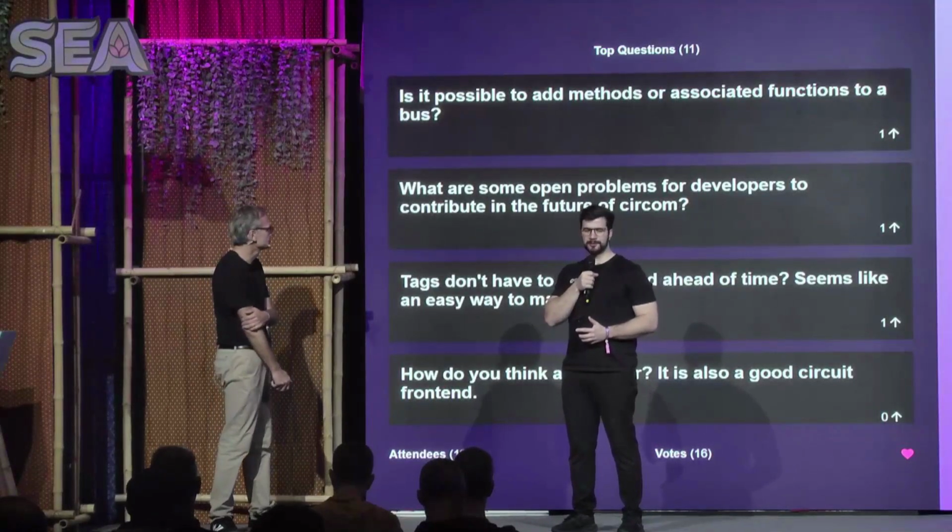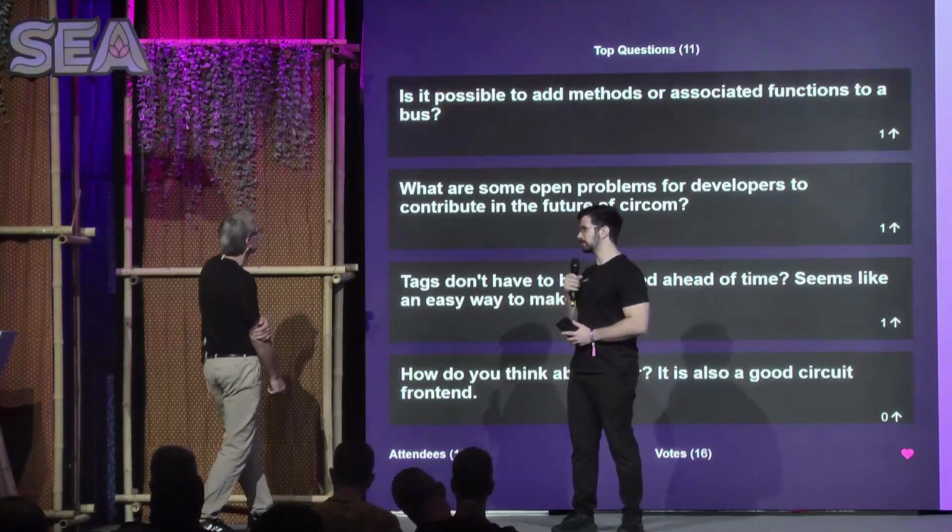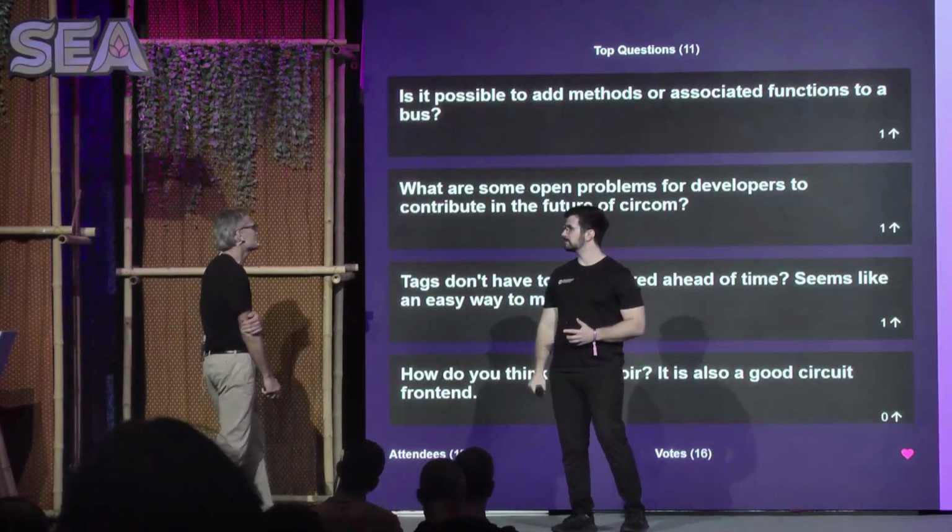Is it possible to add methods or associated functions to a bus? Not this way, because this is not intended to be like this. I mean, we are not an object-oriented language, and the same as we don't have inheritance, we just have this notion of subtyping by means of tags. And we are not considering that you have methods associated to templates.